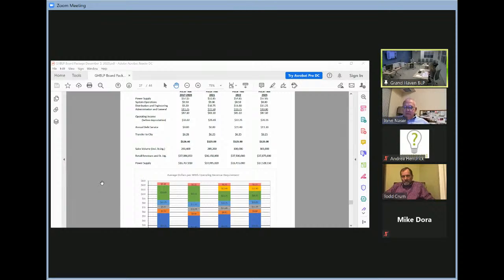So by lowering the amount that we're bonding, I think our finance people would suggest don't go out so far, because you have a pretty good debt service coverage ratio. And that yellow number in that bar chart is start paying off debt service.